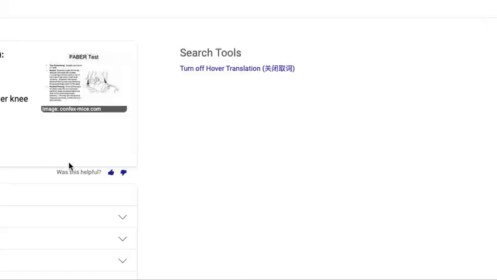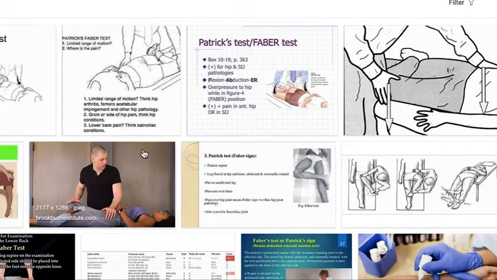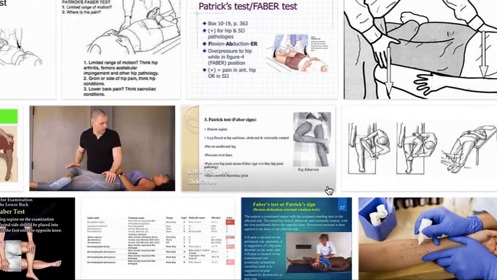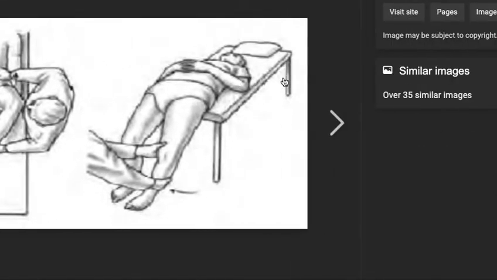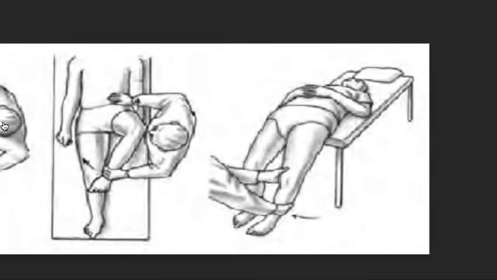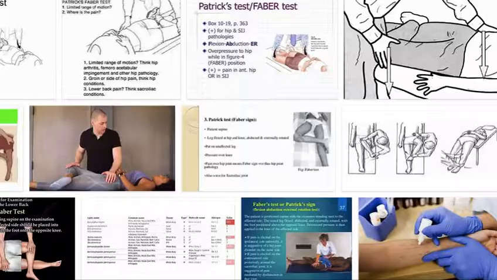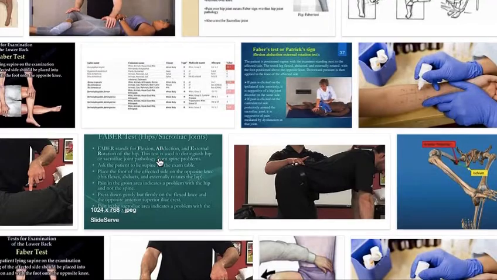So you can see like this one. The person is lying on the bed, and what they're doing is, first of all flexion, then abduction, they are moving the leg a little over here, and then they externally rotate it. Or you can see over here, maybe we can find something like this.